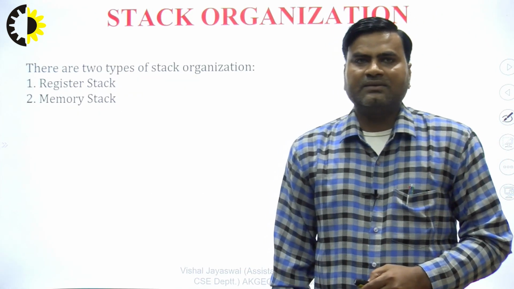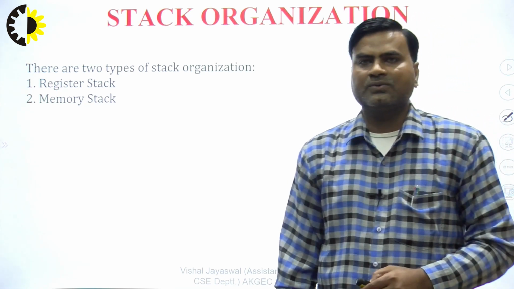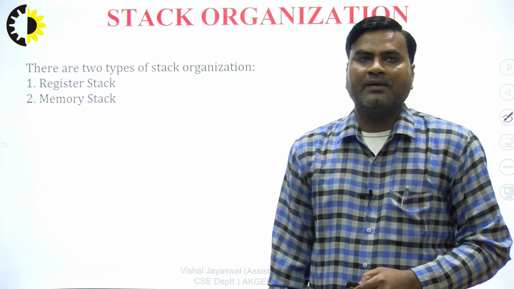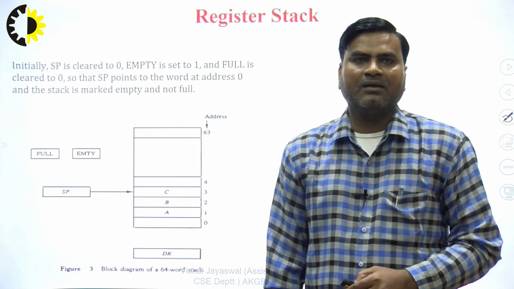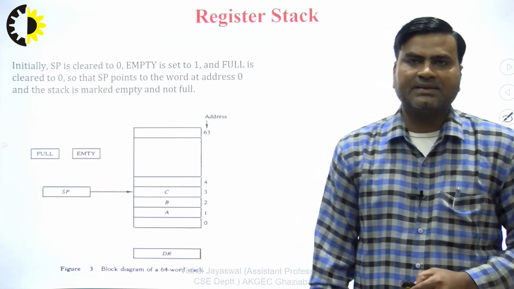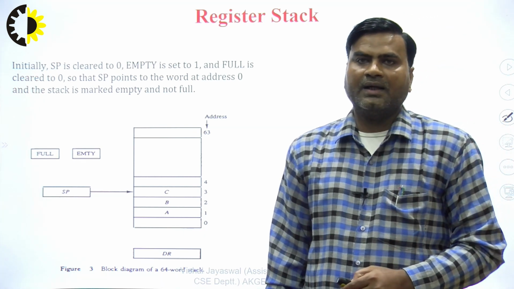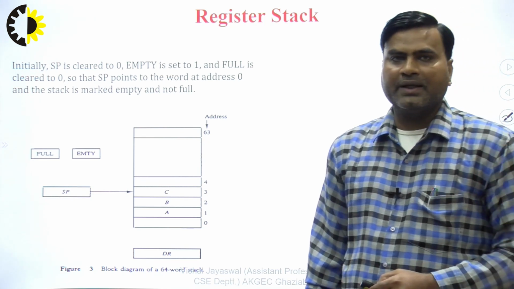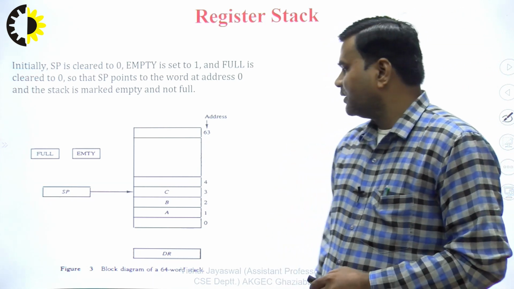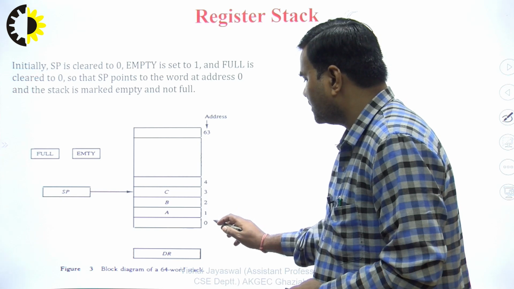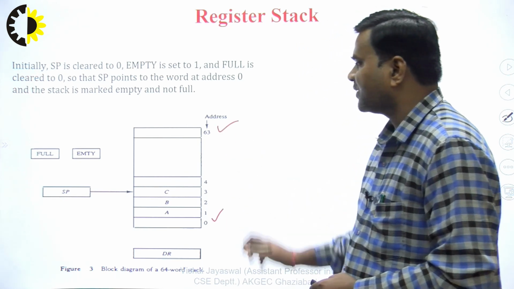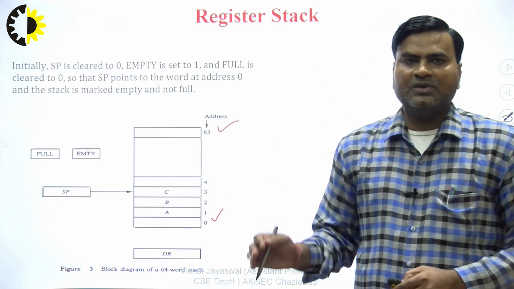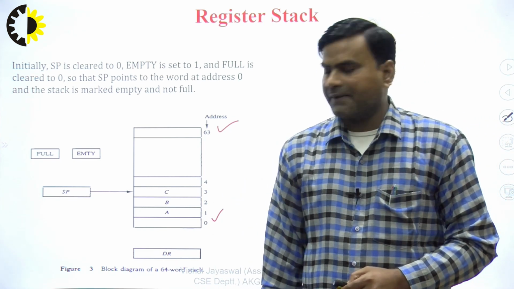In stack organization, we classify stacks into two types: the register stack and the memory stack. First, in the register stack, we make a stack of registers that are in the processor. Here in this example, we take 64 registers, numbered 0 to 63, that are used for making the stack.